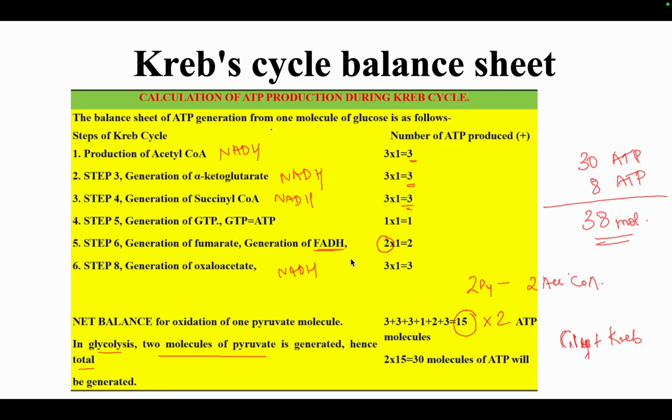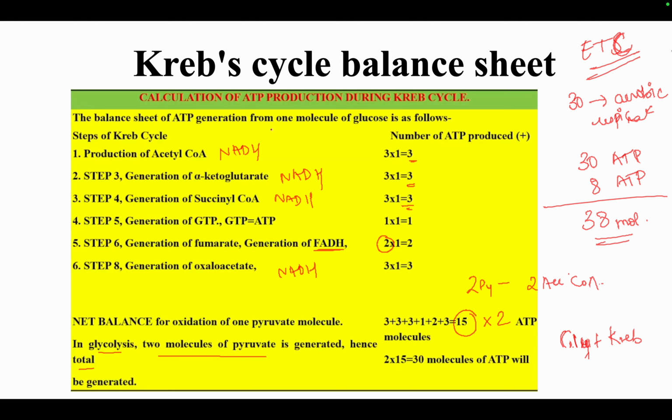So this 38 molecules will only occur in the case of aerobic respiration. Whatever reducing power is converted to ATP only occurs in aerobic respiration through the electron transport chain, ETC, and this will only occur in the aerobic case.